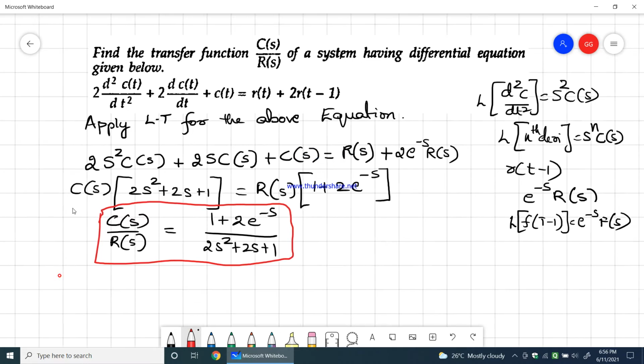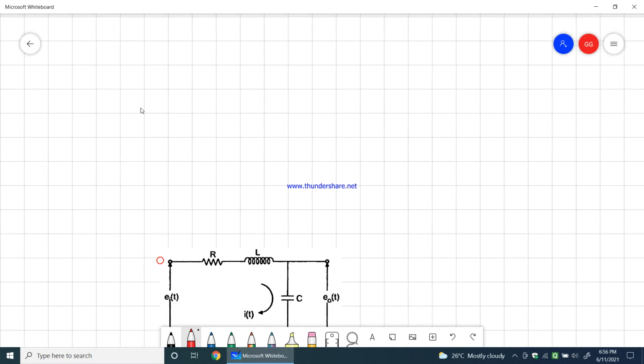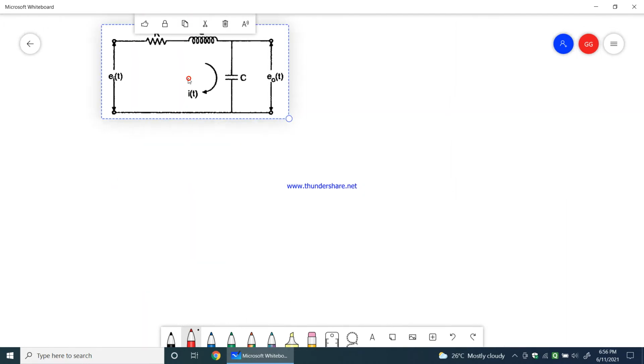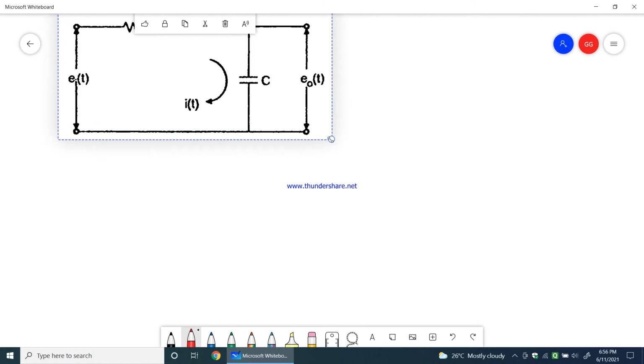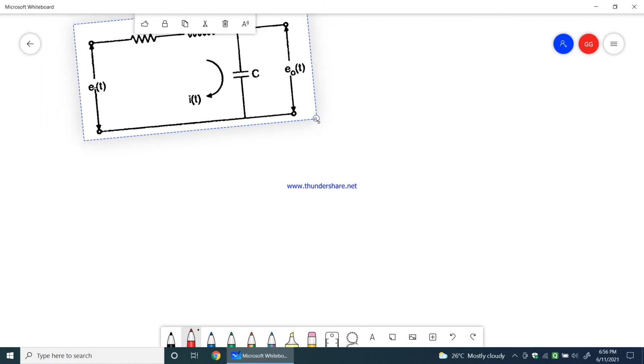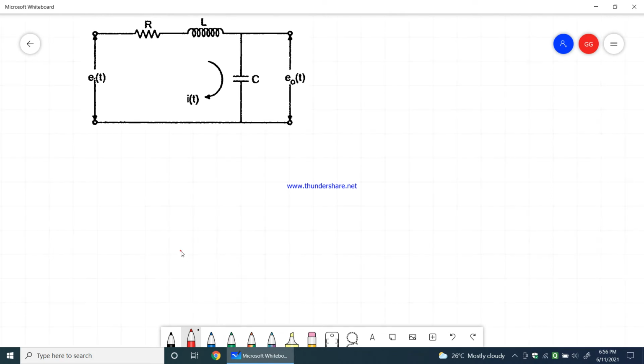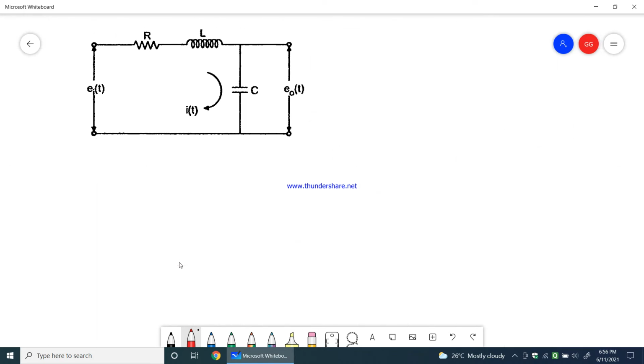Now let us find the transfer function for this particular network which is given here. It is similar to the first one which we did, but we have an inductor here. So we'll write the Laplace equivalent circuit quickly.